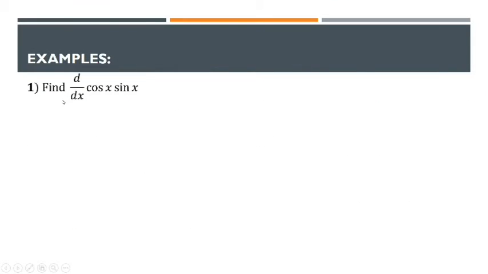Examples. So find the derivative of cosine x sine x. So following the product rule, so recall lang natin that the derivative of the product u times v is equal to u times dv plus v du.